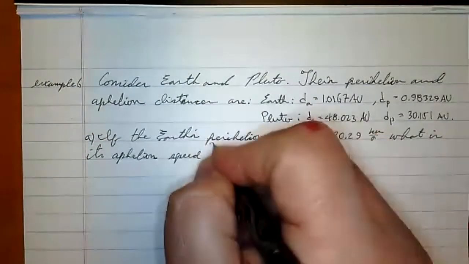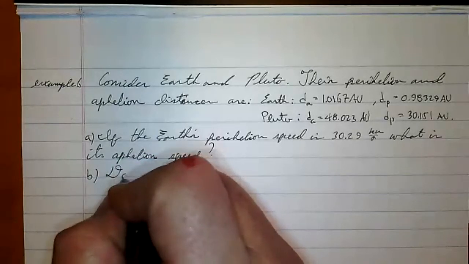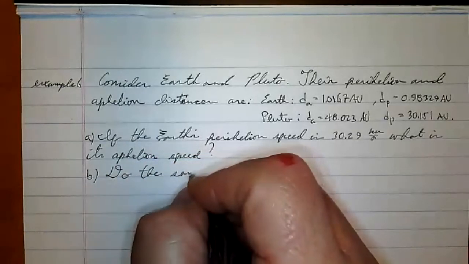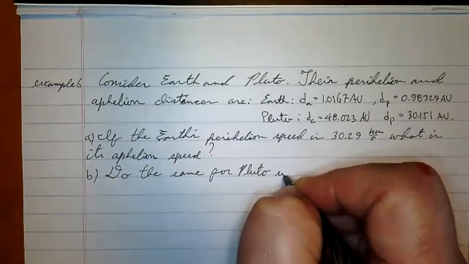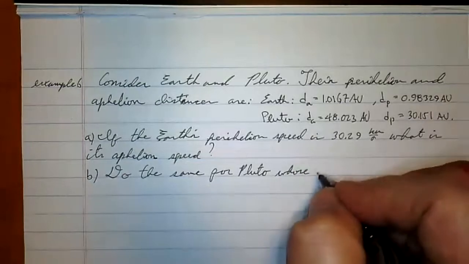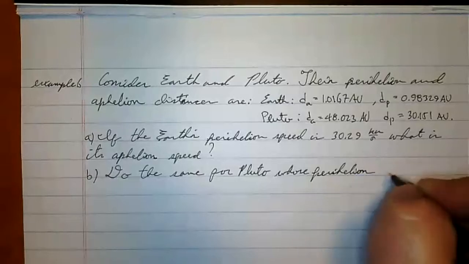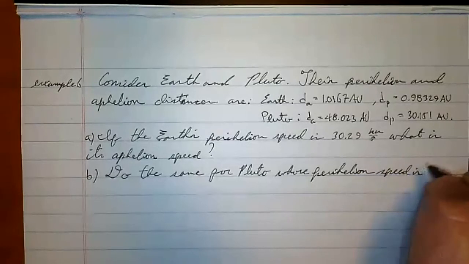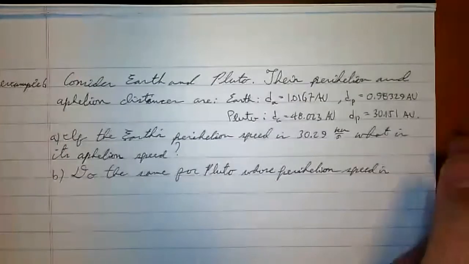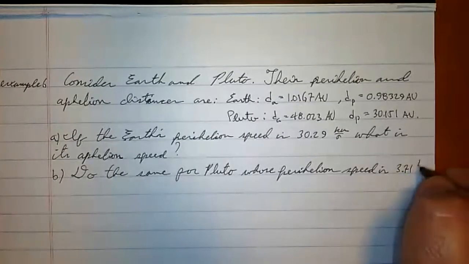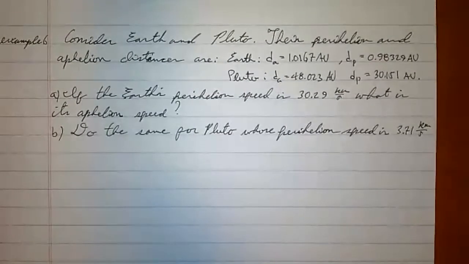So that's part A. Part B, do the same for Pluto, whose perihelion speed is 3.71 kilometers per second. Okay, does everybody understand the problem?